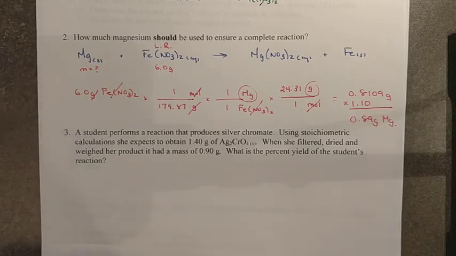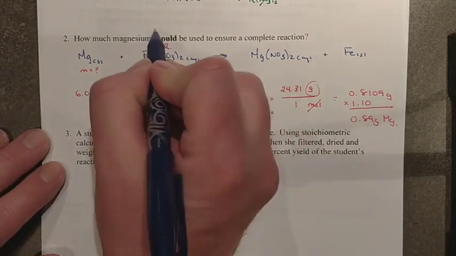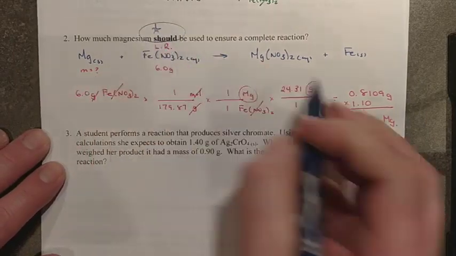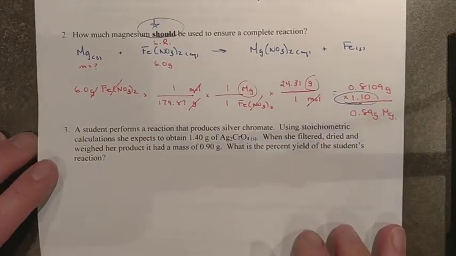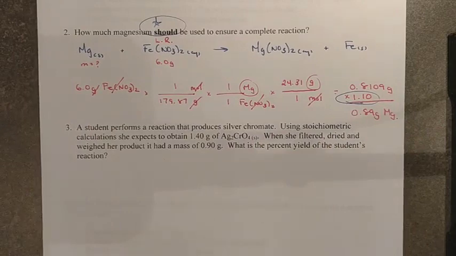It's still in the chemical stores. Your boss isn't mad at you for wasting all this magnesium. You're a hero. Okay? So the 10% excess rule is what we see with the should. And so take that. Remember, stoichiometry will always predict the minimum or smallest amount that can be used by the quantities you have.